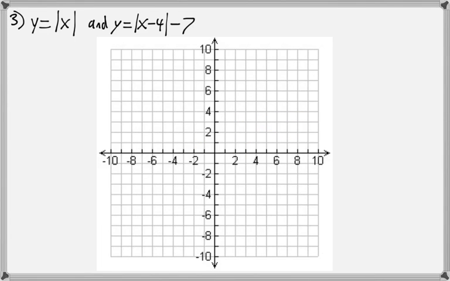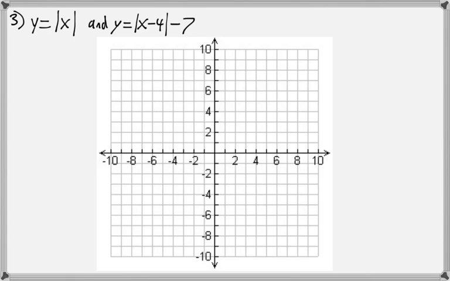Okay, then for number 3, we have absolute values. So the absolute value command, I do want to graph it, so I want to press y equals. Then I want to press the math button. So within the y equals menu, I want to press the math button. And if you go over to num, it's the ABS for absolute value.